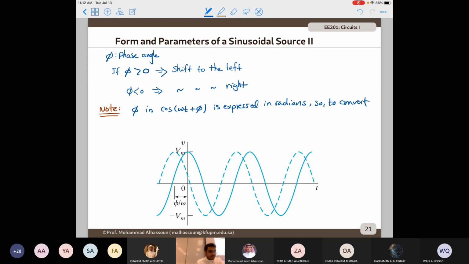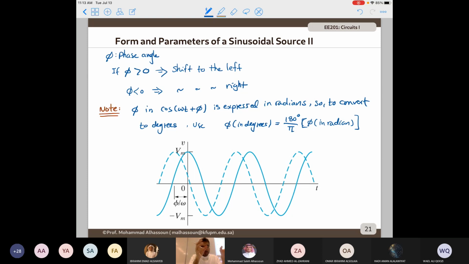So in order to convert to degrees, you need to use this relation.